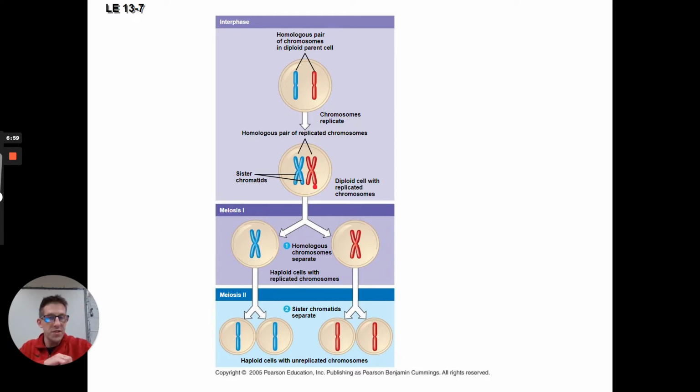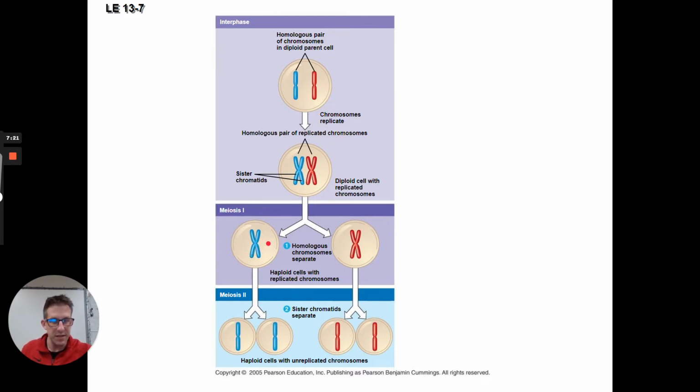After the first cell division, I've said that we end up with 2 haploid daughter cells. Let's see if that's true. We know it's haploid if it's missing the other set, if it's missing half the sets. So let's look at this cell. This cell has dad's set, but we notice that we're missing mom's set.